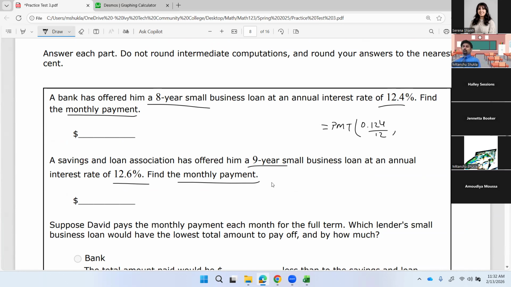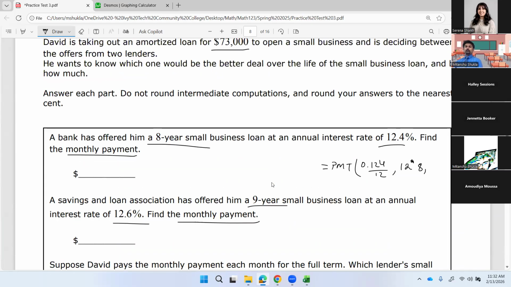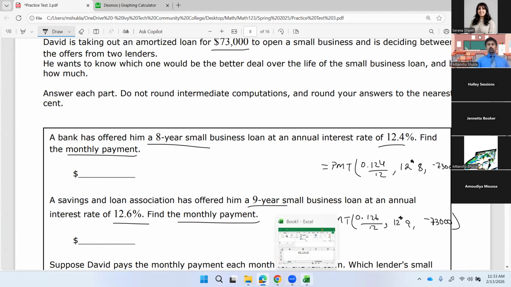So I'm going to make a payment once a month, 12 times a year, and I'm going to multiply that by 8, comma, and I'm borrowing $73,000. Over here, I'm going to do equals PMT, but my rate is now 0.126 divided by 12, and it's going to be 12 times 9, and I'm still borrowing $73,000. Now I'm going to see what the monthly payment differences are.